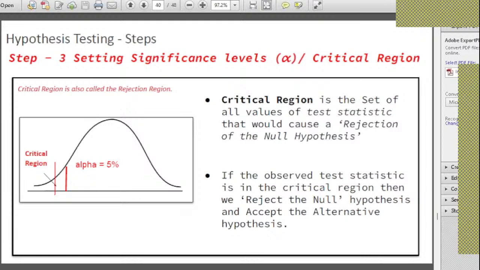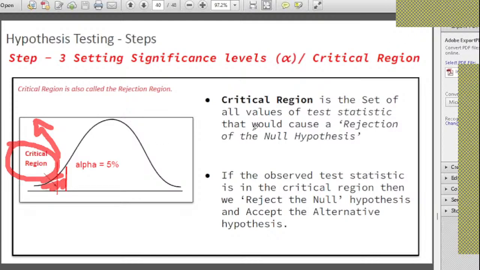So this region, which will lead you to reject the null and go with the new situation, the changed situation, is called critical region. Are you getting this point?